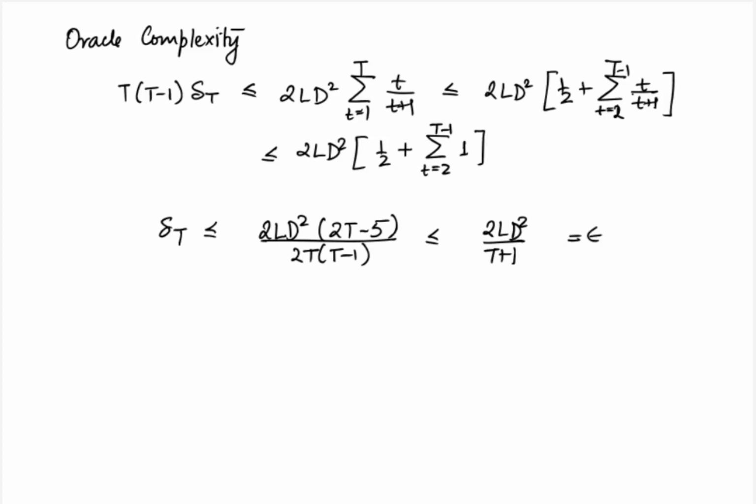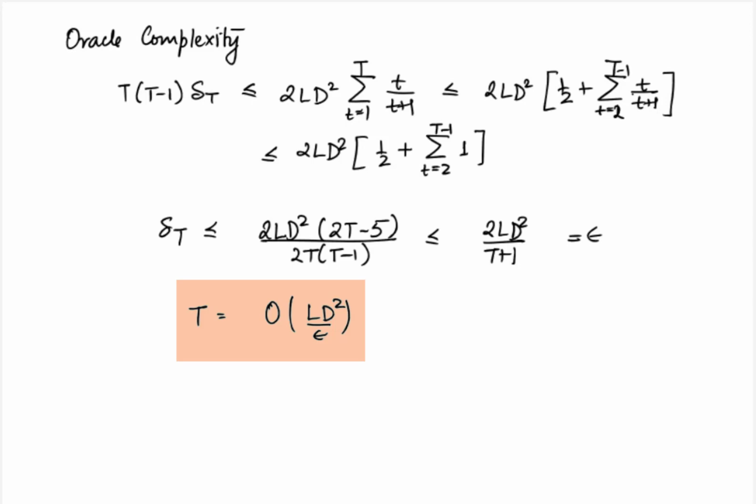Equating this to epsilon, we would get the required oracle complexity result of T equal to order LD square by epsilon. Just a remark that you can slightly improve the bound if you can approximate the finite summation more accurately.